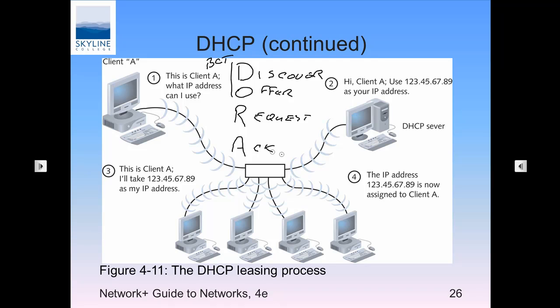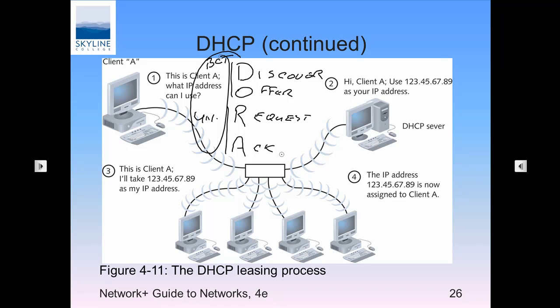So it's a 4-step process to get the address. The first 2 are broadcast. The last 2 are unicast because we now have the IP addressing in this thing. And I say that some are all broadcast, some are not.